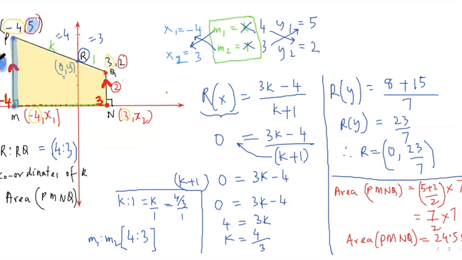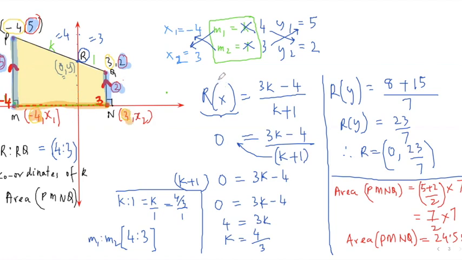Is that okay, Naren? Yes, sir. And same way, this is 2. Okay. So 5 plus 2 divided by 2 into this length of MN, which is 7, right? Because it's the difference between the two x coordinates.